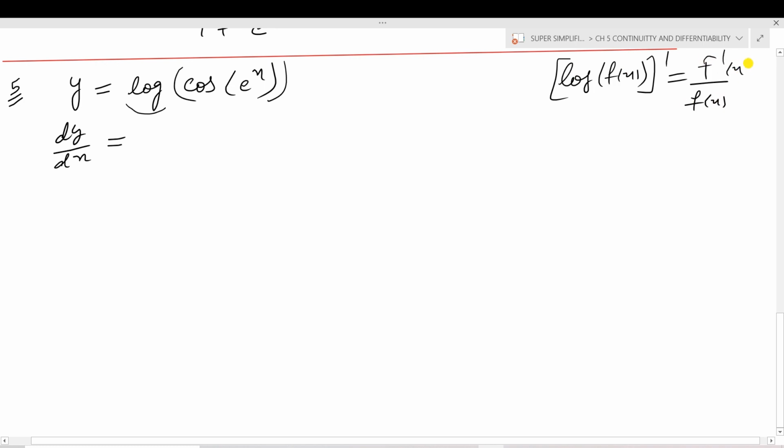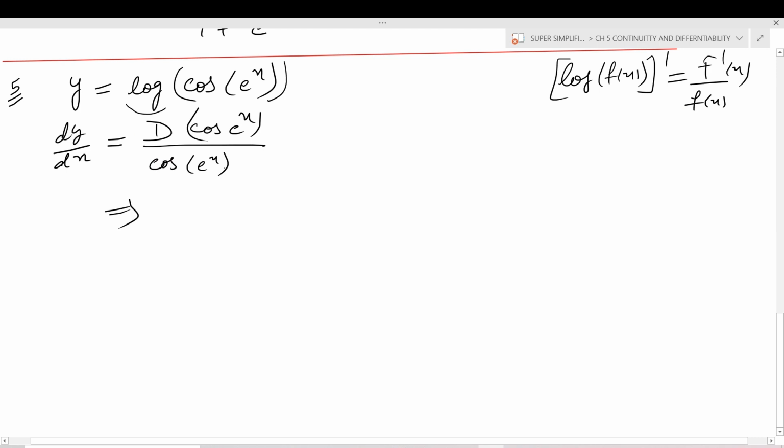So here also in the question, the derivative of log cos e^x will be 1 upon cos e^x, and in the numerator you have to write the derivative of cos e^x. So let us write the derivative of cos e^x. Cos e^x, again the composition of two functions.